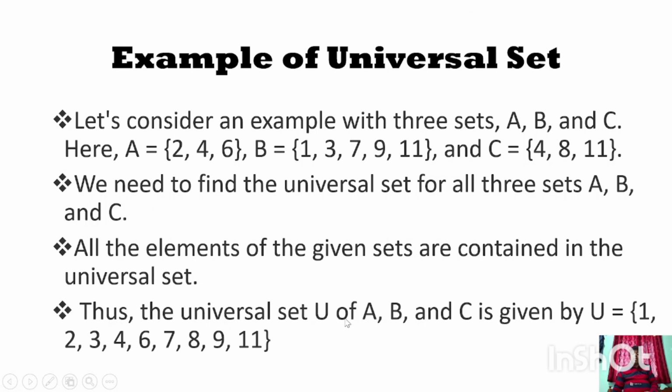So the universal set U of the sets A, B, C is equal to 1, 2, 3, 4, 6, 7, 8, 9, 11. And clearly all the elements of the set A are in the universal set U, so A is a subset of U. Similarly, B is a subset of U and C is a subset of the universal set U. It means if all the sets under consideration are subsets of a particular set U, then that given set is known as the universal set.